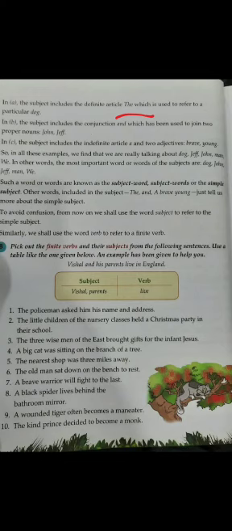Next, the subject includes the conjunction and. Here, John and Jeff. Since the sentence is talking about John and Jeff, we can't replace them with a pronoun, no? So the subject includes the conjunction and also.